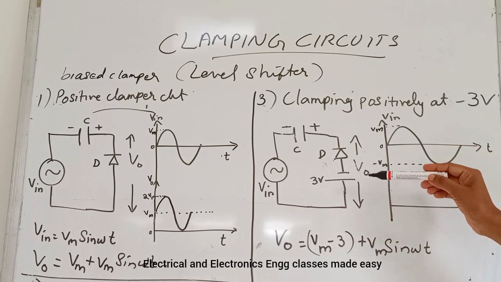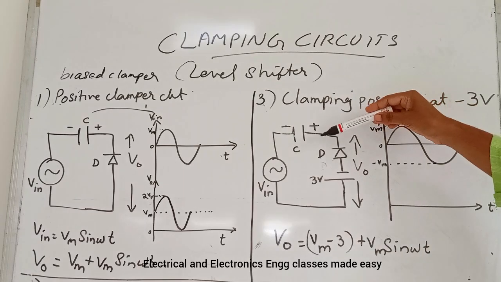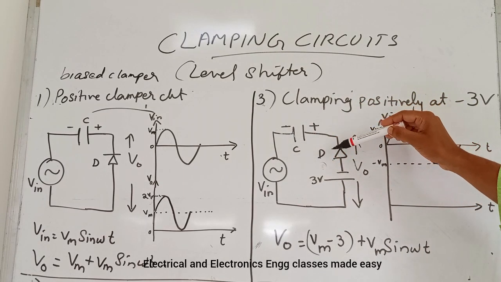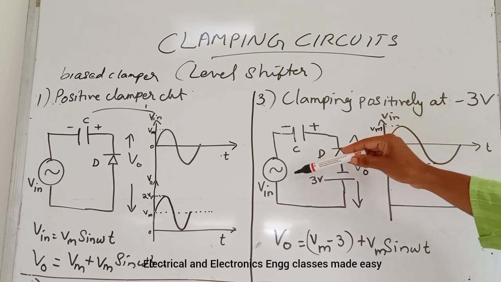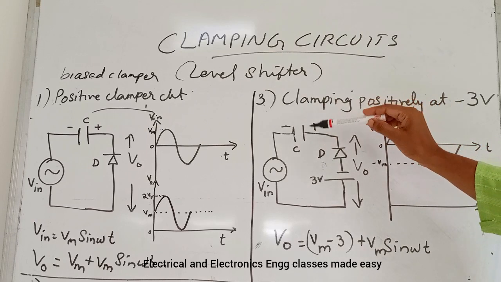So in this case what happens? During the negative half cycle, this diode conducts, that is in this way. So the capacitor charges.